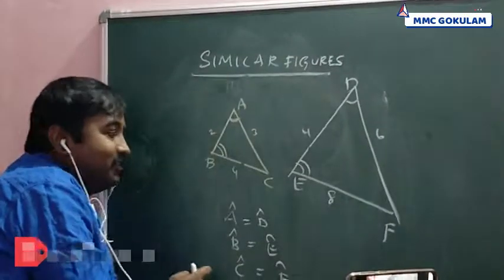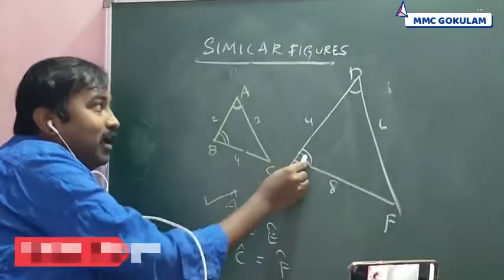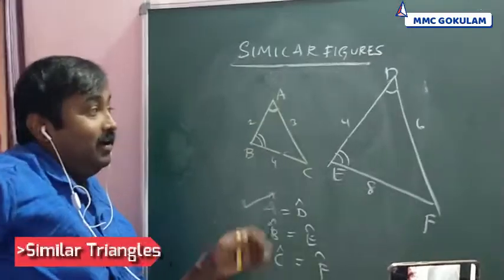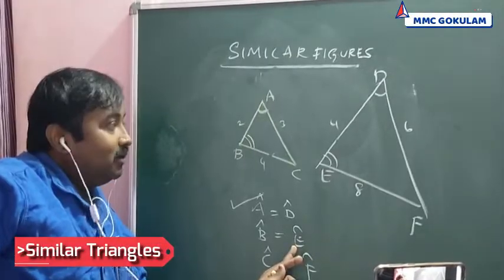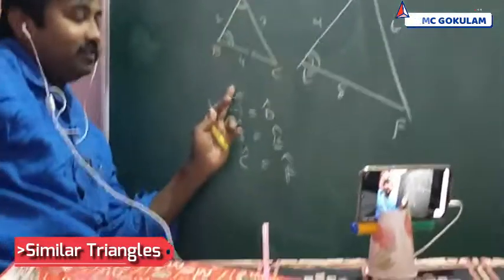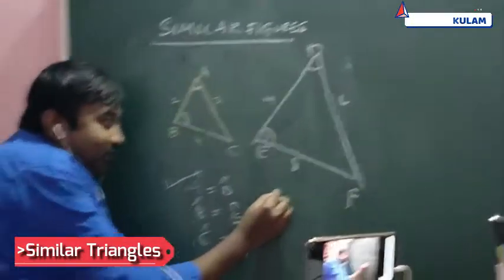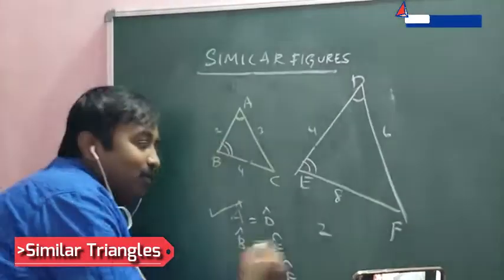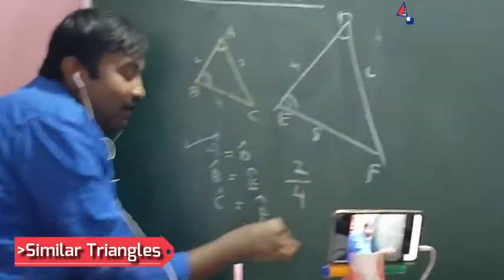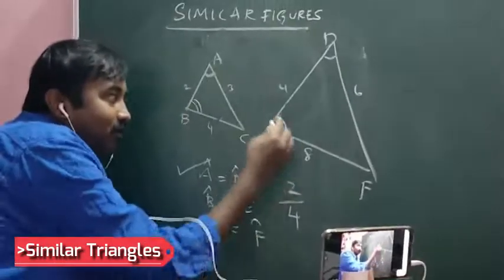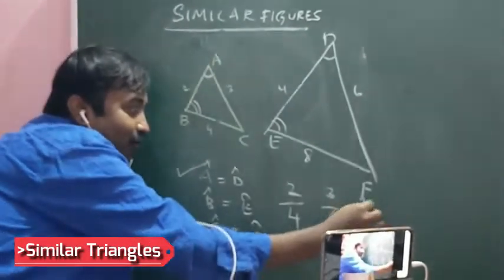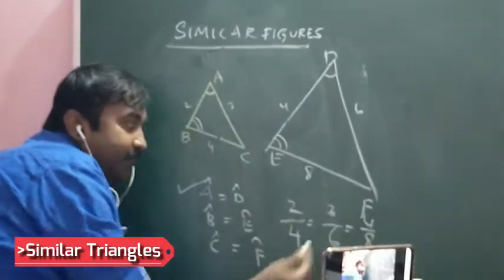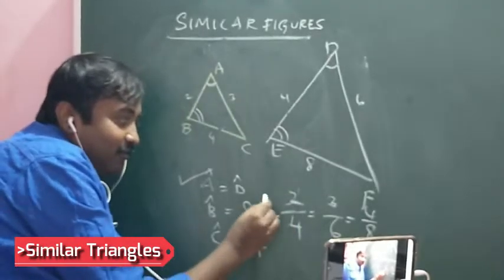And observe the sides. If two triangles are similar, the corresponding angles are equal. Remember. And what about the sides? See the sides: in the smaller triangle 2 and in this triangle 4, and here also 3, the corresponding side is 6. Here 4 and 8. All cancel to 1 by 2. We get a constant value.